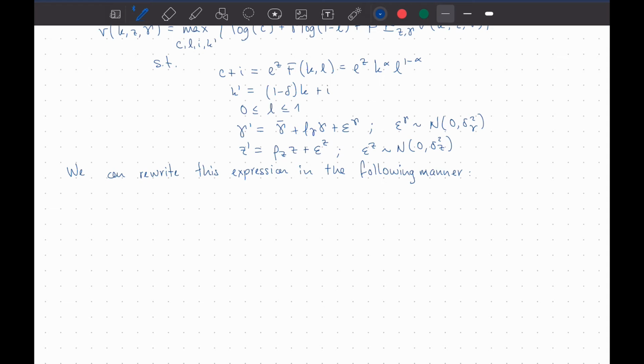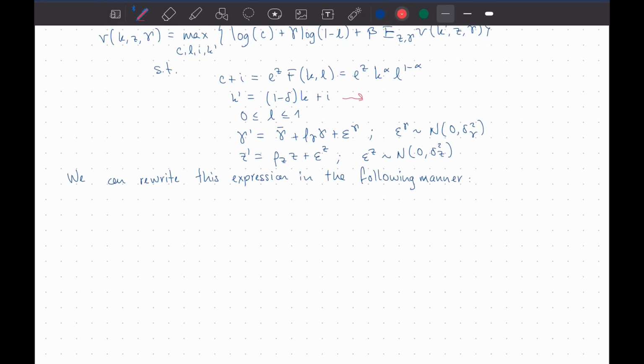We can take the law of motion of capital, where investment equals the optimal choice of capital minus one minus the depreciation rate times the capital stock we observed, and plug it in here.